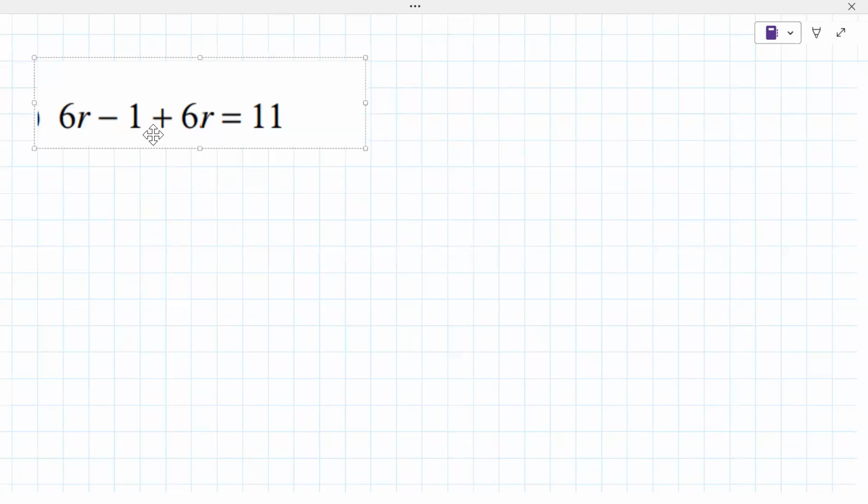R equals 1. Okay, very good. All right, so I think you've got this down.